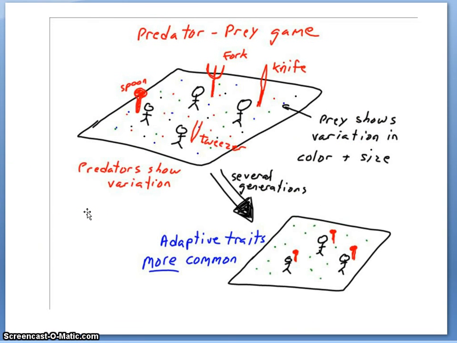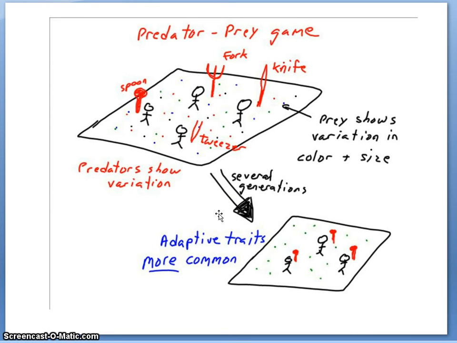So what the game illustrates is how the interaction of predator and prey over time will cause changes in the populations of both species. Over time, after several generations, the adaptive traits are going to be more common. For example, let's say the spoons had an advantage over the forks and the knives and the tweezers.